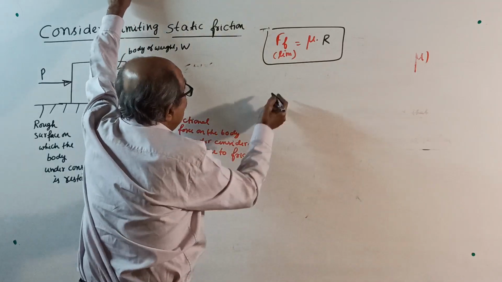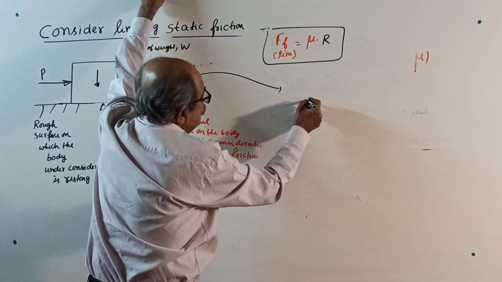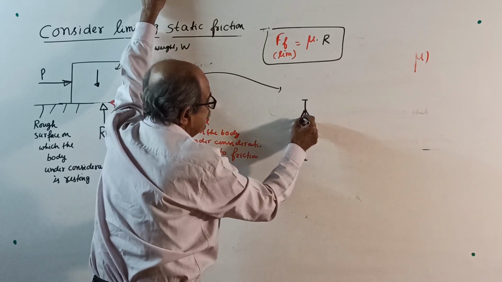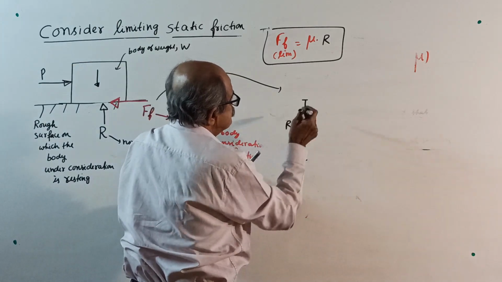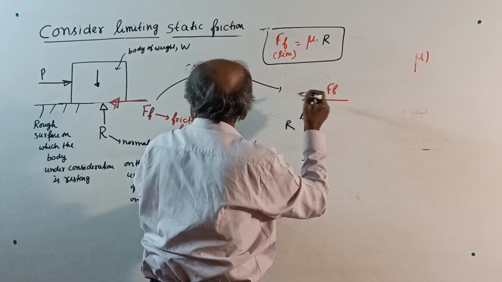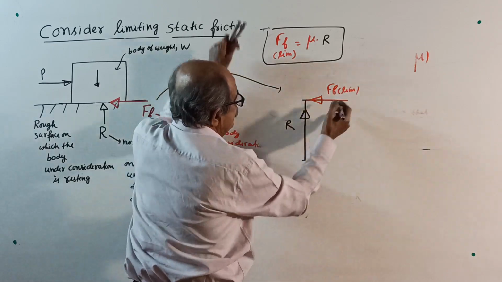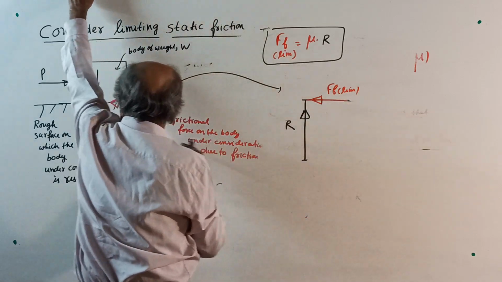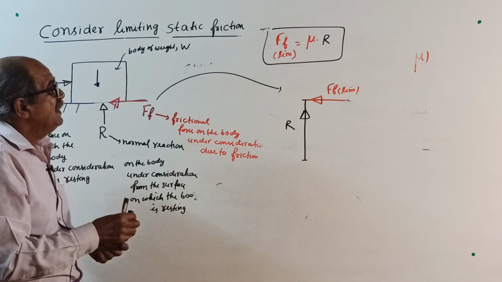Now, correctly, consider this case once again. Here the normal reaction is R. Then this is the frictional force, graphically the limiting frictional force Ff limit.